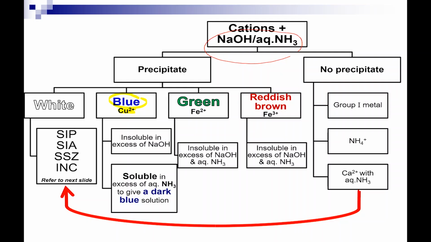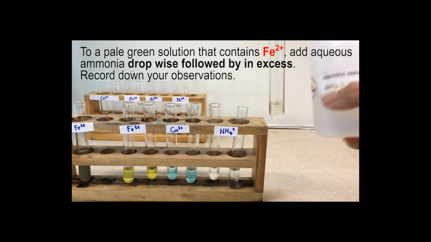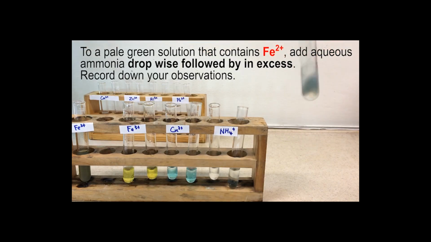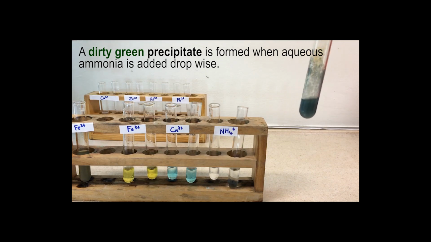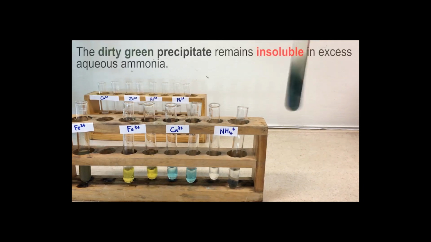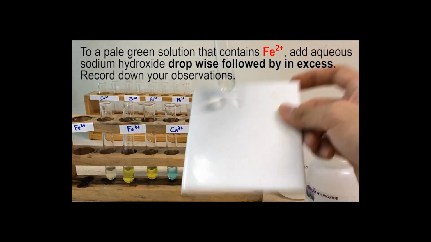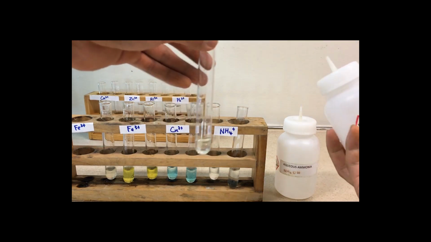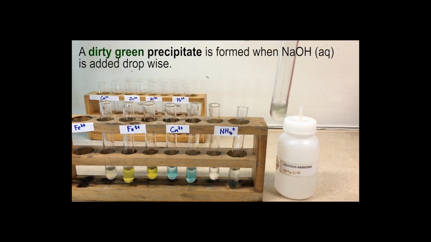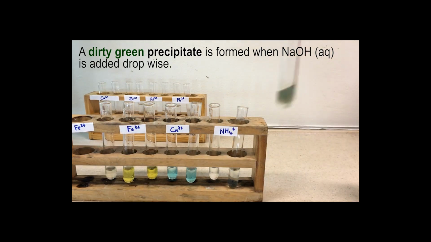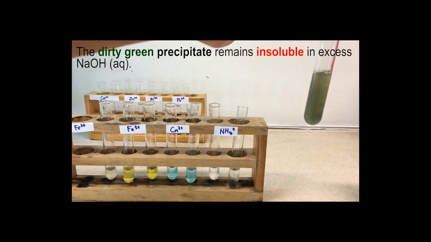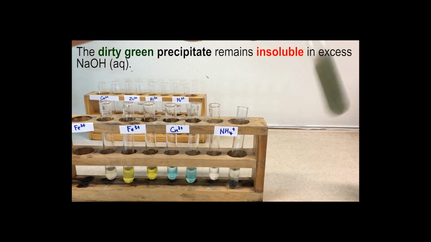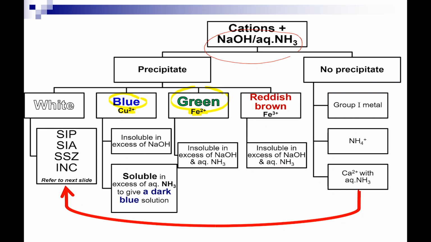A solution containing iron 2+ will give a green PPT. And a solution containing Fe3+ will give a reddish brown PPT.